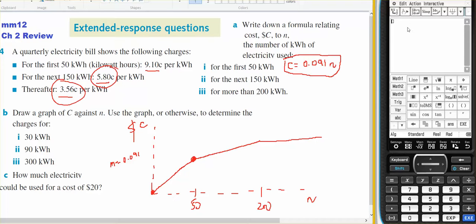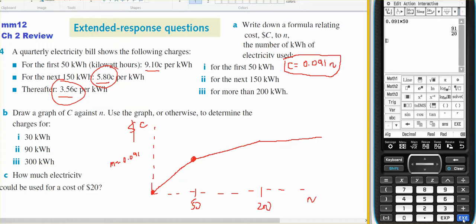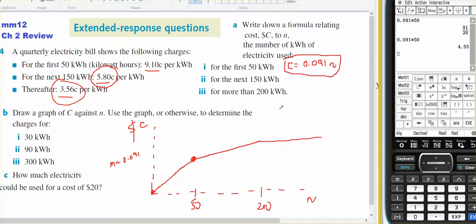I'm going to use my calculator for that. 0.091 times 50 gives me 4.55. So I've got now 50 and 4.55. So after 50 it's going to cost me $4.55.